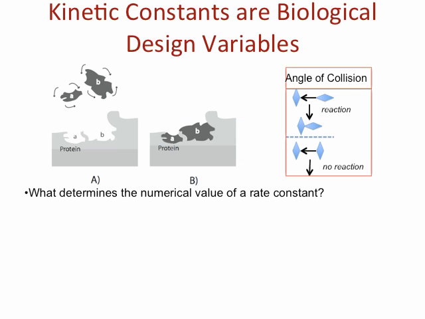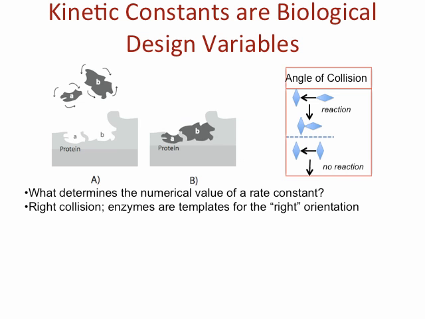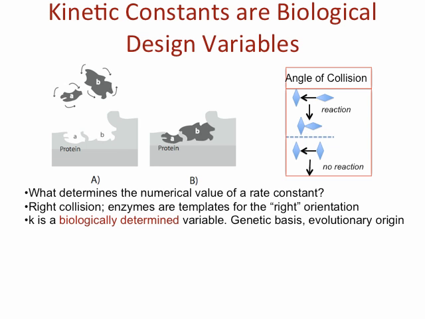So what determines the numerical value of a rate constant? The right collision does. The frequency of the right type of collision does. Therefore, K becomes a biologically determined variable because essentially all biological reactions take place on the surface of a protein.